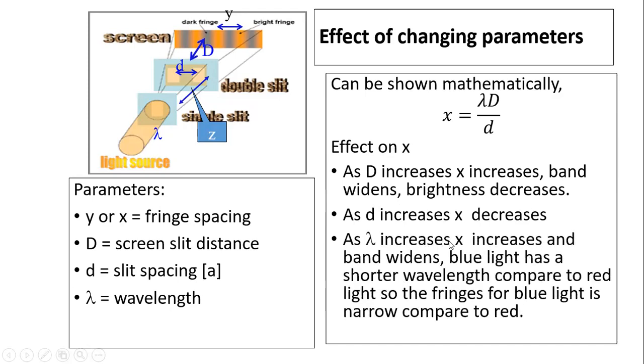As lambda increases, X increases and the band widens. Blue light has a shorter wavelength compared to red light. So the fringes of blue light are narrower compared to red.